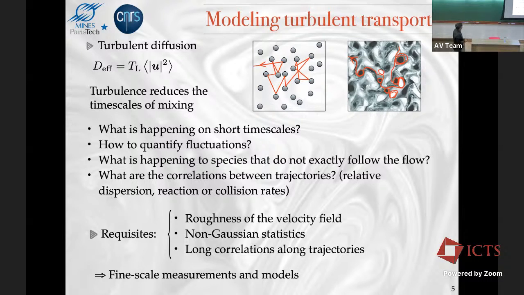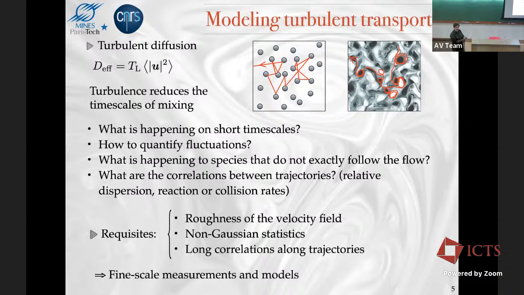So now the second question is that fluctuations are not quantified by this mean field approach. If you have things which are not exactly following the flow, it makes the discussion much more complicated. If you have correlations, there is no handle on the correlations between different trajectories, or between two points, which is pretty important.